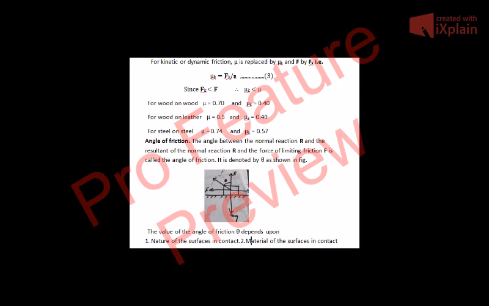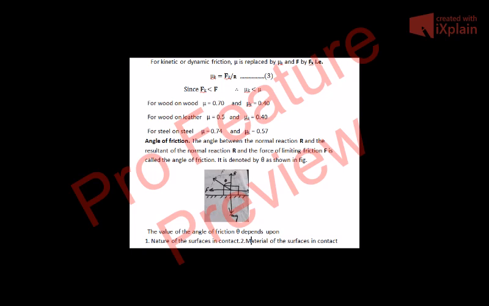Again, we see that the coefficient of limiting friction is greater than the coefficient of kinetic friction. For steel on steel, the coefficient of limiting friction is 0.74 and the coefficient of kinetic friction is 0.57. Again, the coefficient of limiting friction is greater than the coefficient of kinetic friction. I am sure you have understood it.